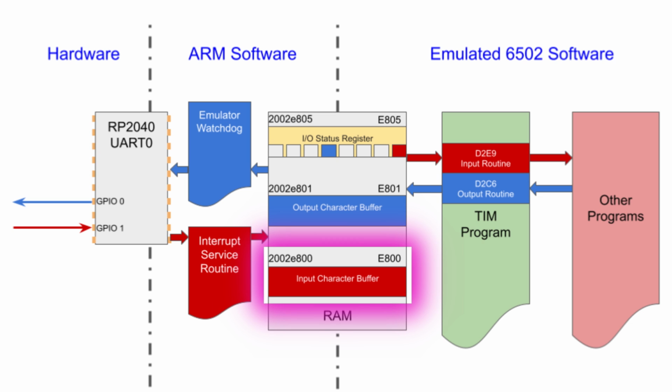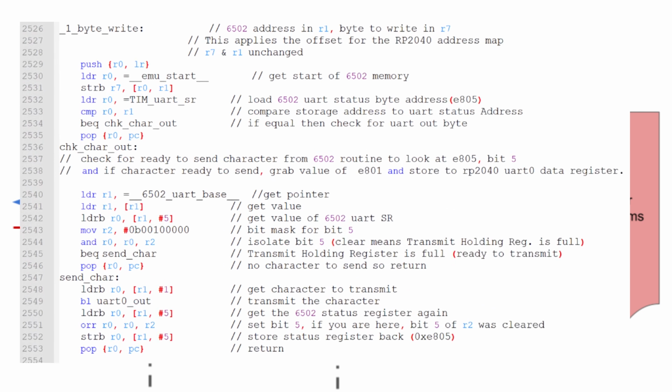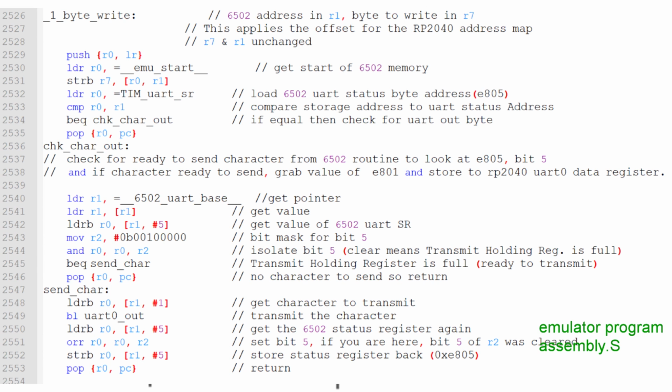When data is written from the TIM, it's placed in the 6502 UART transmit register, which is located at E801 hex, and bit 5 of the 6502 UART status register is cleared. I'll only check the status right after the 6502 writes anything to memory. In the 1-byte write routine in the emulator, after the data has been written to memory, I'll check if the write address was to the 6502 UART status register, or E805.